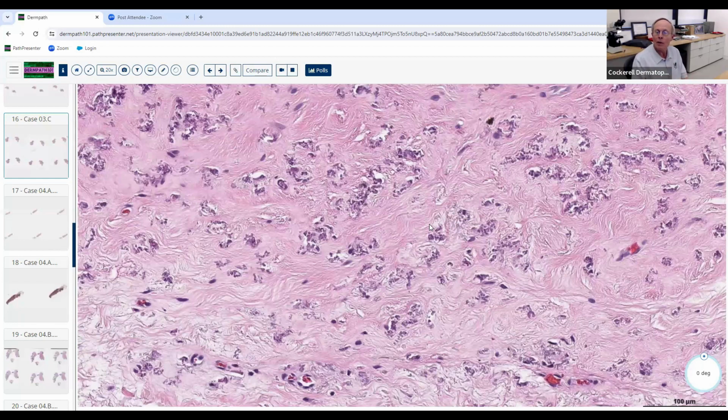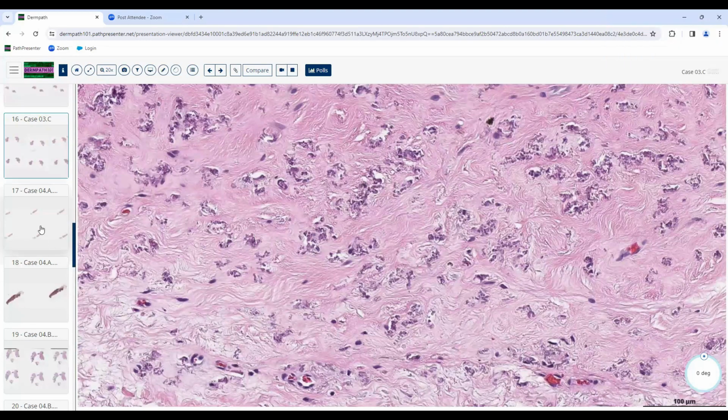So it can occur in a lot of other settings, but the classic changes are either here or in the inherited type. You could do an elastic tissue stain for this, like a VVG. You don't need to. You can do a von Kossa stain. You don't need to do that either. So you can make the diagnosis pretty much without any real problem.